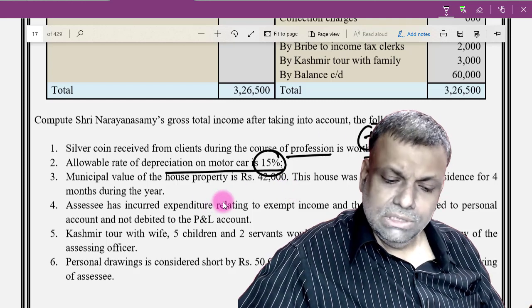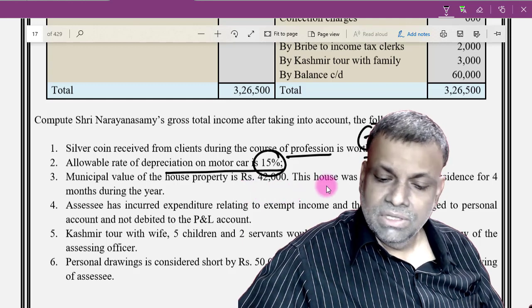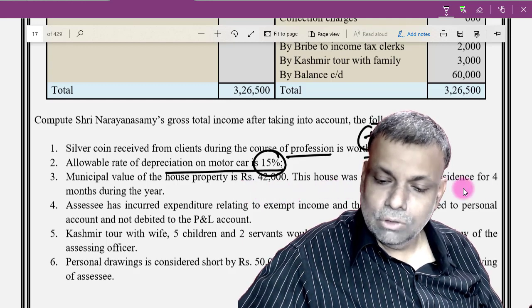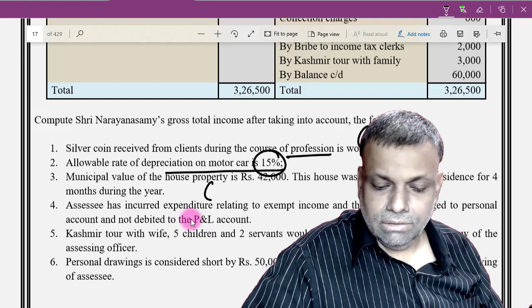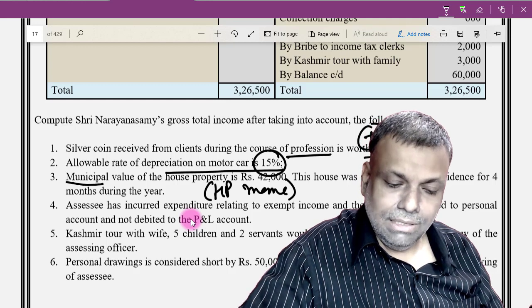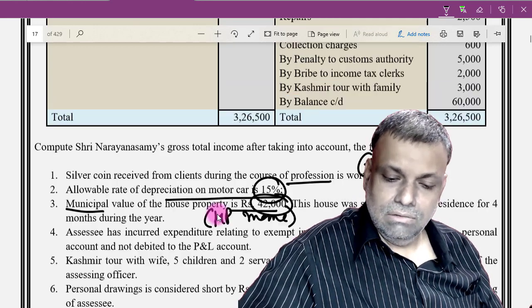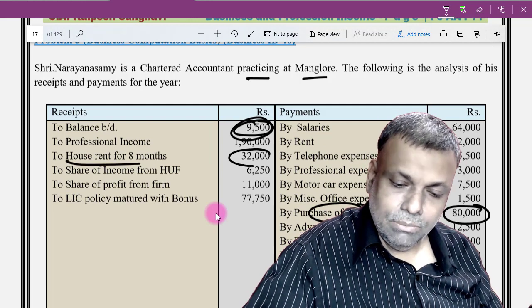Now third, the municipal value of the house property is rupees 42,000. This house was self-occupied for residence for 4 months during the year. So this is straight away your house property income. Municipal value has been given. Somewhere they might have given actual rent for 8 months.